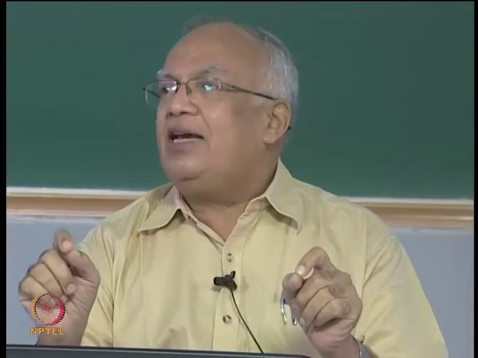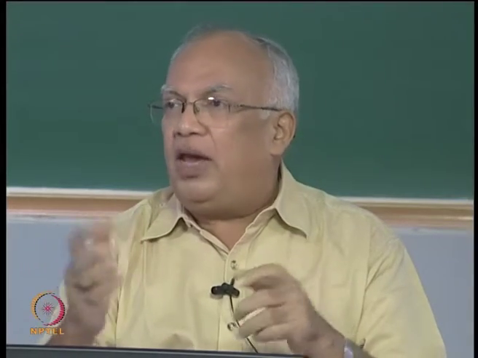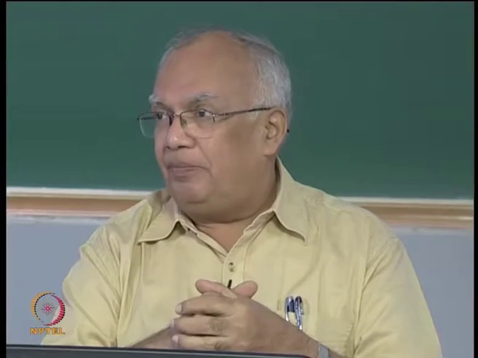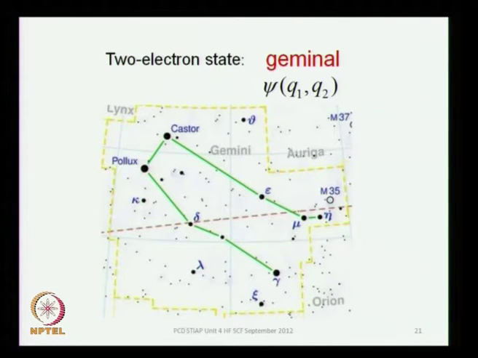So, Gemini refers to twins, and these 2 electrons that we are talking about, psi q1 q2, are completely identical to each other, completely indistinguishable. Castor and Pollux, actually you can distinguish between them, one is Castor, the other is Pollux, you can't do so with electrons, but they are indistinguishable just like twins, which is why a 2 electron wave function is sometimes called a geminal. Not a very common usage, but not uncommon either.